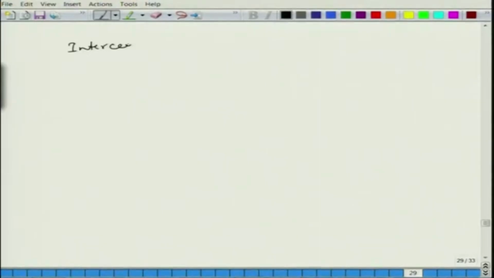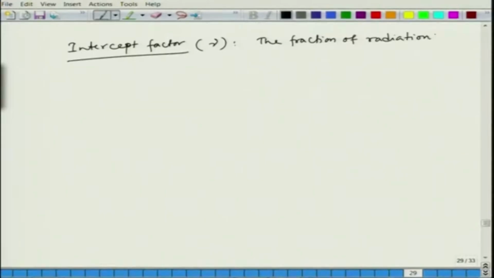The next term is called the intercept factor. Often we designate it with symbol gamma. What is that? It is the fraction of radiation, whether it is, the concentration can happen through different optical phenomena.